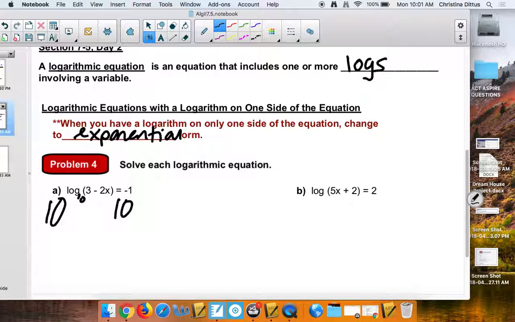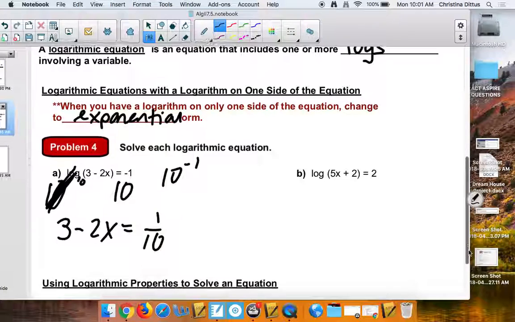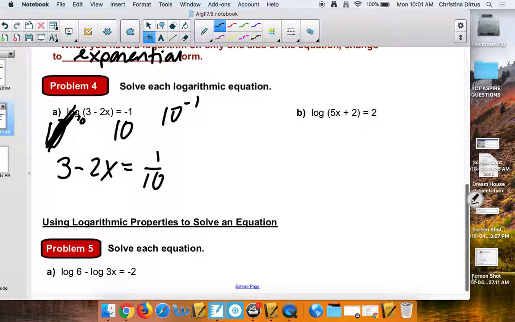What happens when we do that is that the 10 and the log cancel. So all I have left on the left-hand side is 3 minus 2x. On the right-hand side, I have 10 to the negative 1. What is 10 to the negative 1 power? 1/10. Very good. From there, we just solve like we normally would.